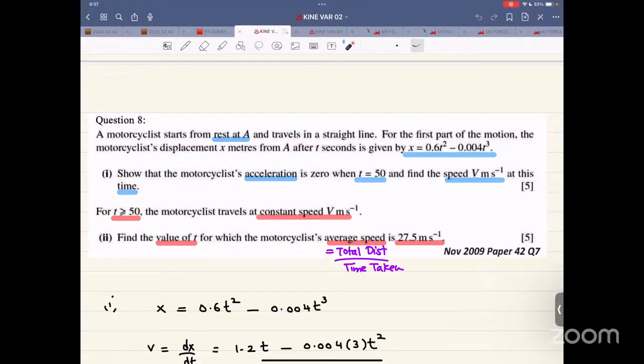So now over here, it says a motorcyclist starts from rest at A, travels in a straight line. For the first part of the motion, the motorcyclist's displacement is given by such and such. Sometimes they give the variable as S, the letter S, or sometimes the letter X. Show that the motorcyclist's acceleration is 0 when t is equals to 50 and find the speed at this time.